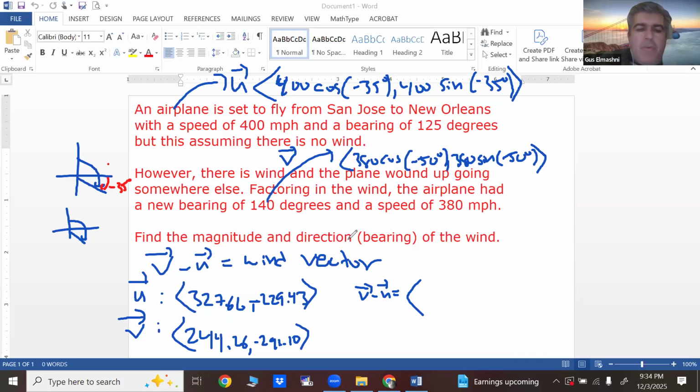You get negative 83.4 and you get negative 61.66. Clearly this is pointing at Q3, right? Find your magnitude, that should be easy.